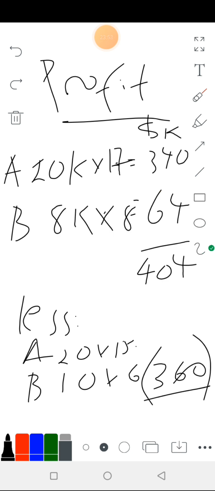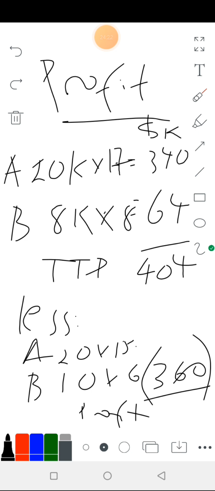And these are costs, fixed costs. Are we together? These are costs. So we need to deduct them from the total throughput. This is the total throughput. And we are going to get a profit of, this is the profit.